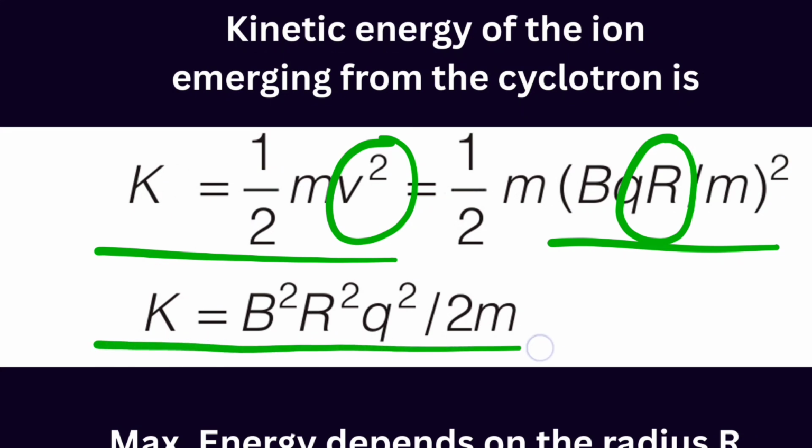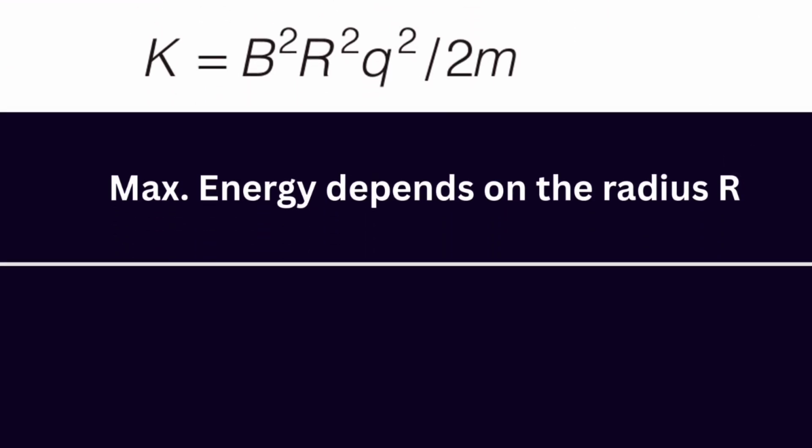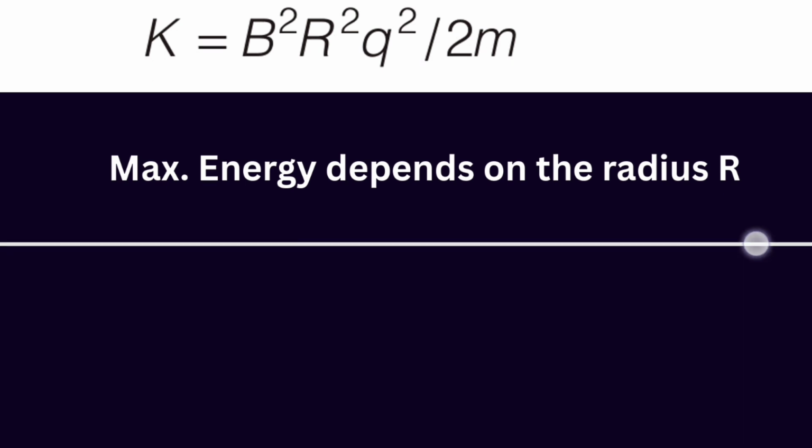So, K is B squared r squared q squared by 2m. With this kinetic energy, the charged particle will collide with the target nucleus to study nuclear reaction. So, this maximum energy depends on the radius r, the magnetic field B, and nothing else.